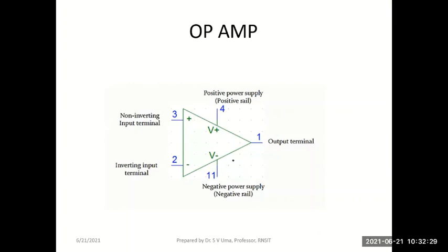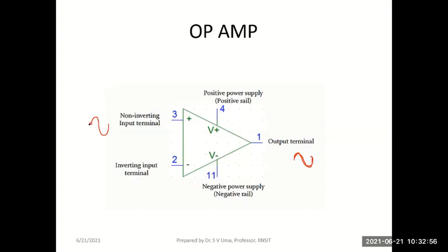Coming to the commonly used pins of the op-amp. Pin number 3, the non-inverting input terminal. Pin 2, the inverting. So any signal fed to the non-inverting input terminal will have an output in phase.